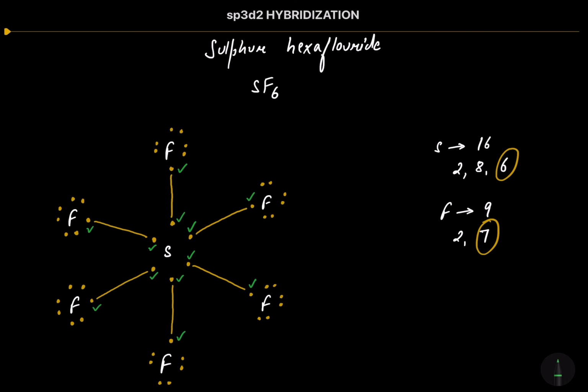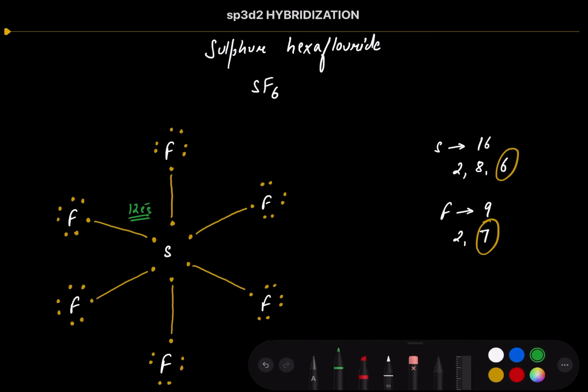So that means sulfur has attained 12 electrons in its valence shell, which are more than 8 after the formation of 1-1 bond with 6 fluorine atoms. Why is sulfur capable of expanding its octet, that is having more than 8 electrons in its valence shell? Because sulfur is available with vacant 3d orbitals, which we are going to do in the hybridization.